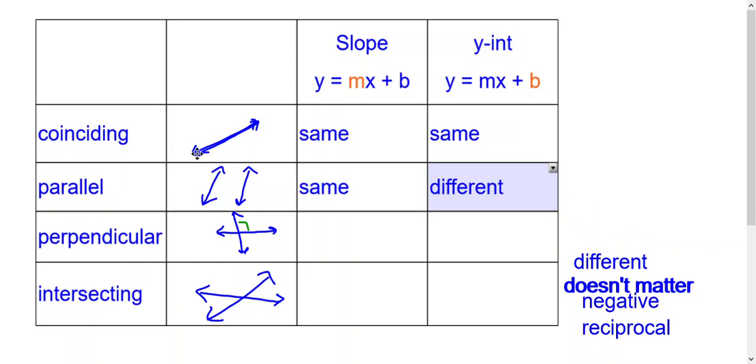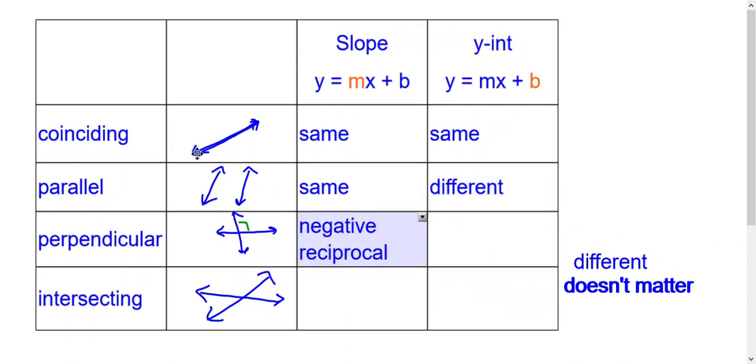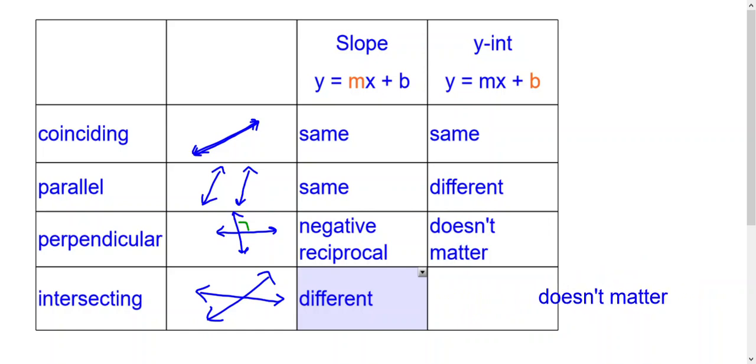Okay, what we saw about perpendicular lines was that they needed that negative or opposite reciprocal as a slope, and it didn't matter if the y-intercept was the same or not. And intersecting lines need to have different slopes, and if they had the same, they would be parallel or coinciding. And it does not matter for the y-intercept.